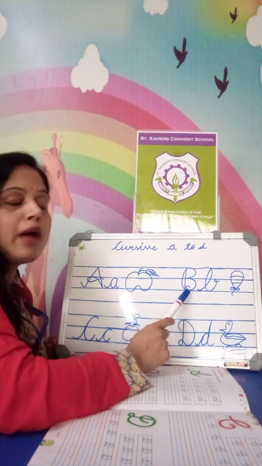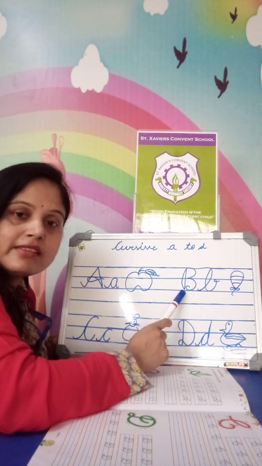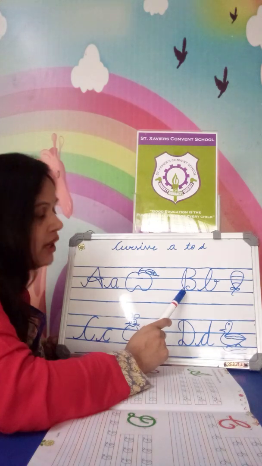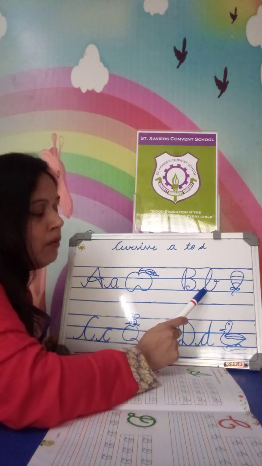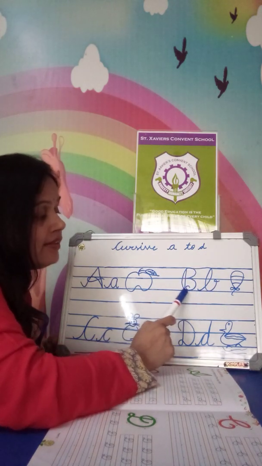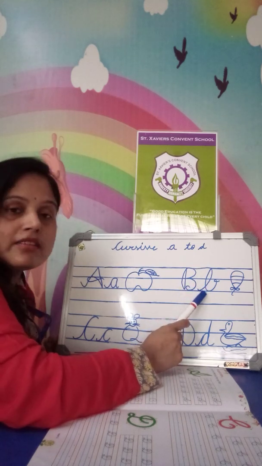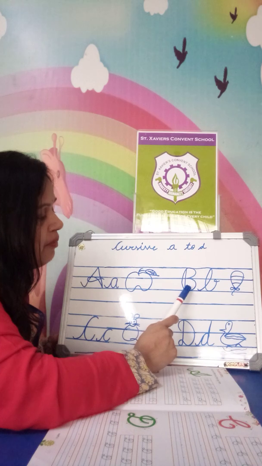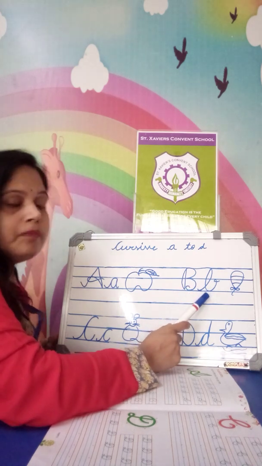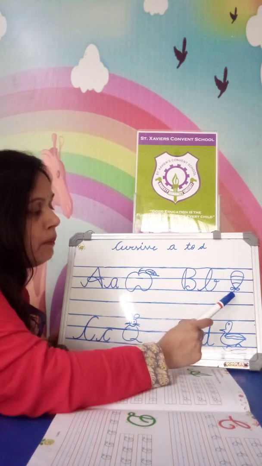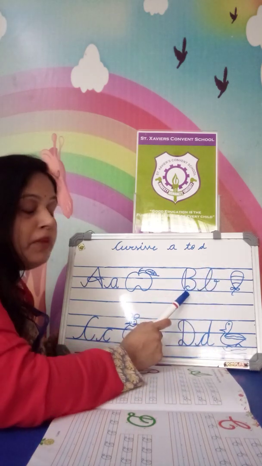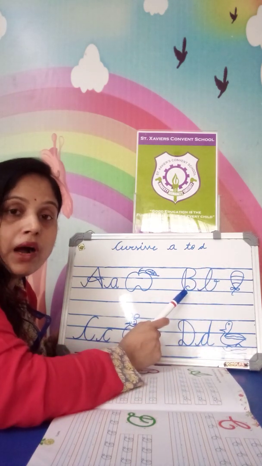This is capital B. This is small b. These are cursive. Capital cursive B, small cursive B. B for balloon. And B sounds ba.